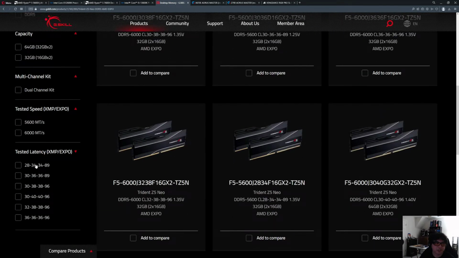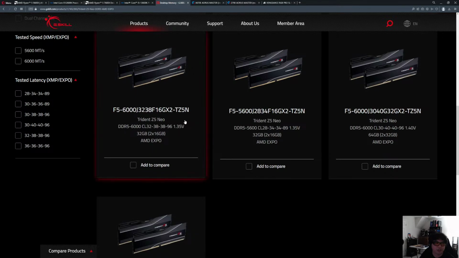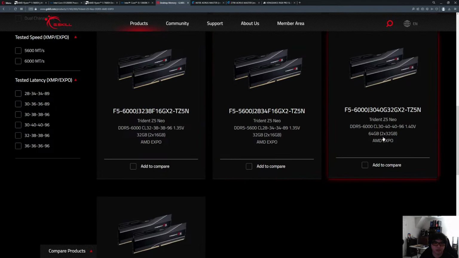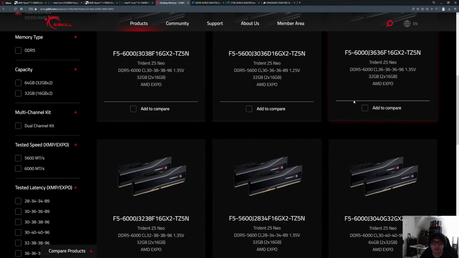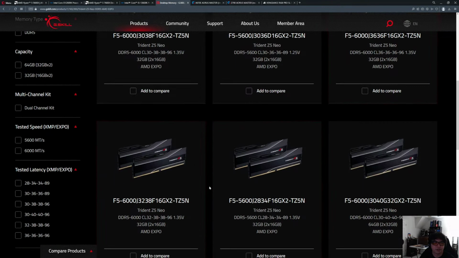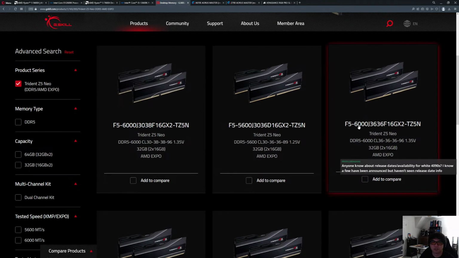Yeah, because for instance right here, if you guys look at all of the ones that are shown here, except for this one in the corner, these are all Hynix. I can tell you right now, this one, 6,000 J3 36 F16, is Samsung memory.